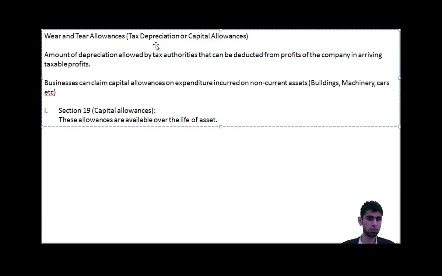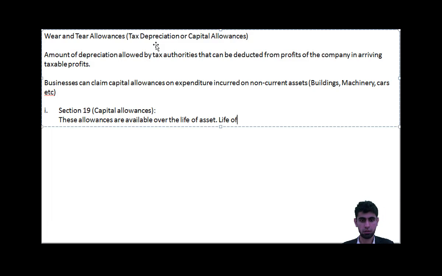Now please do not think that it is the same as straight line depreciation, because the life of the asset will be determined by the tax authorities. So it's not the actual useful life of the non-current asset.